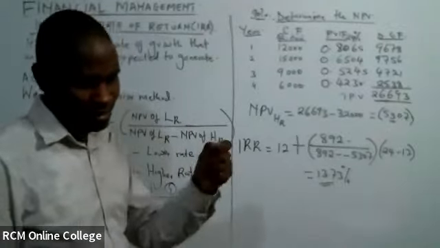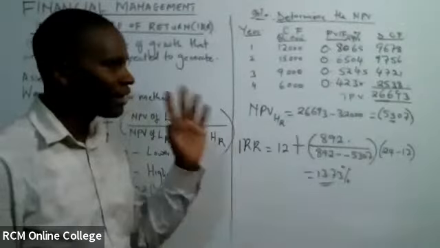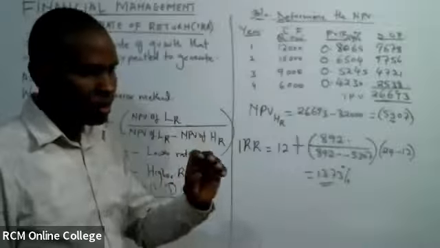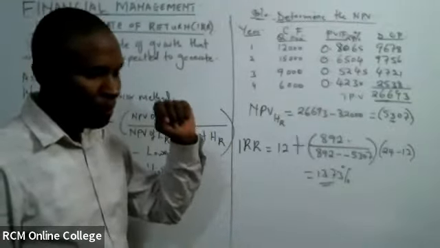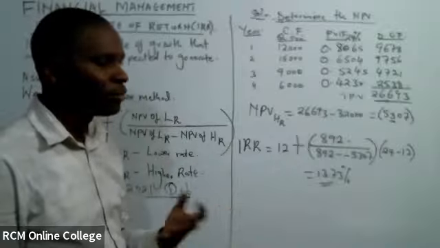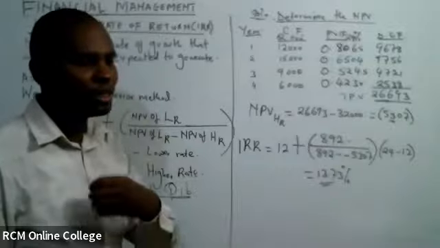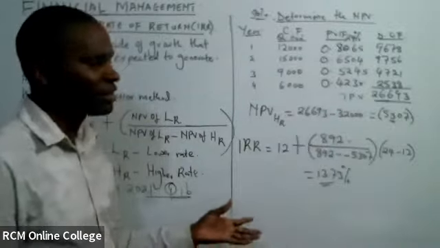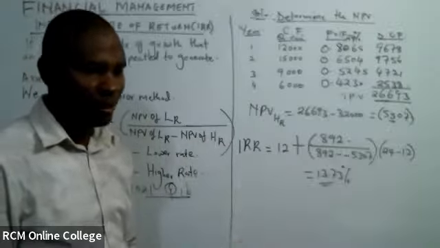We recalculate, or we increase the rate, in order to get a negative NPV or zero. And that's where we say that we use the trial and error method. For us, we have come up with a way where we shall not start testing 13%, then 14%. That one will be wasting our time.